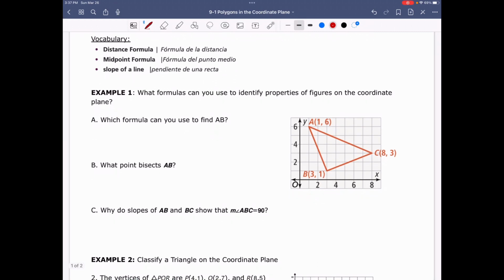Example 1. What formulas can you use to identify properties of figures on the coordinate plane? For example, which formula can you use to find AB?